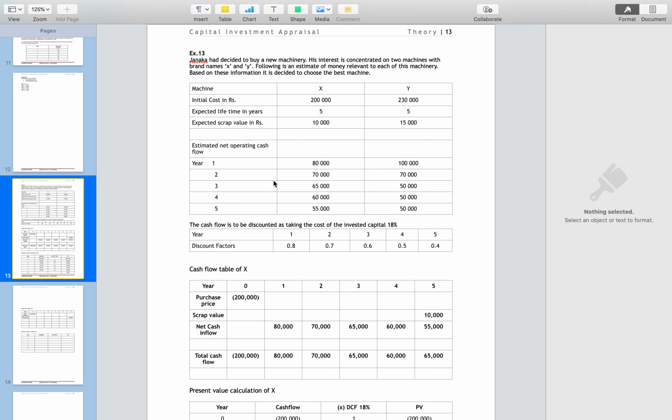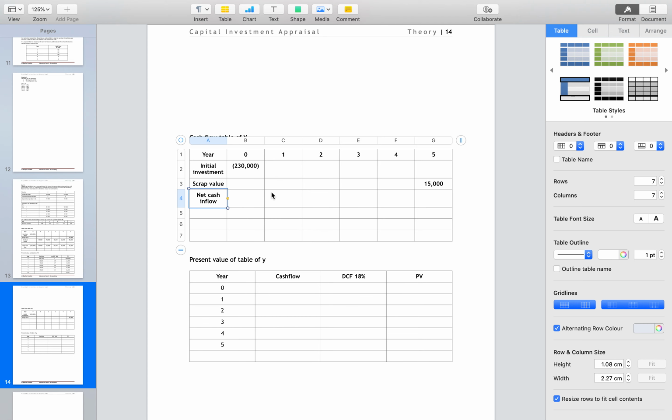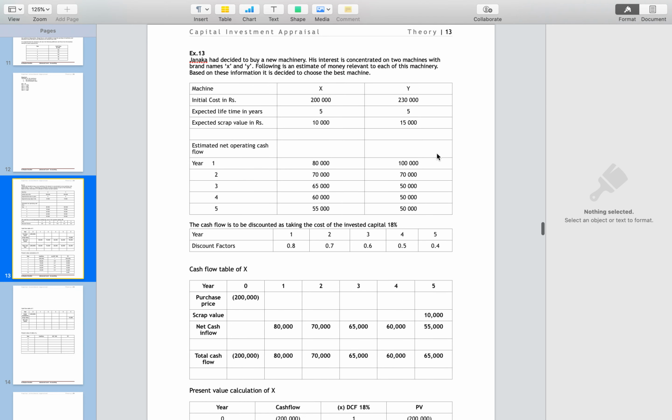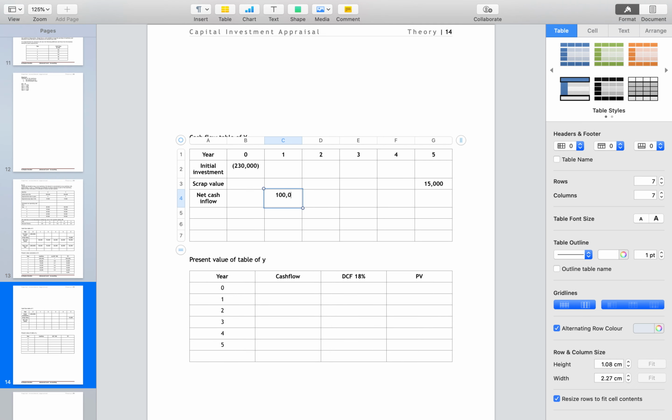Right, and then guys, same like machine X, they have given for so much cash inflows. Right, so let's copy that one. Net cash inflow. Right, so we have 100,000, 70,000 and 50,000 respectively. Right, so just copy it as it is. 100,000, 70,000, 50,000.